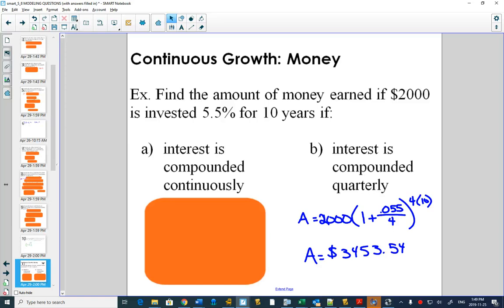How many people think that it's going to be more than $1 bigger? Everybody else thinks it's going to be less than $1 bigger? I picked a number that I expected everybody's hand to go up. See if you're paying attention. How many people think it's going to be more than $10 bigger?